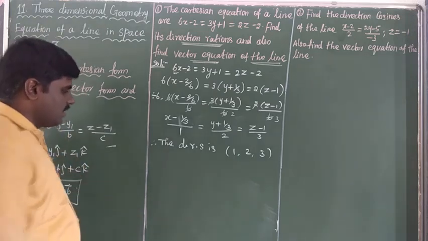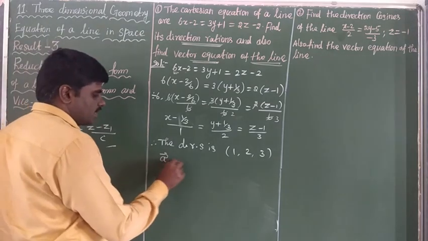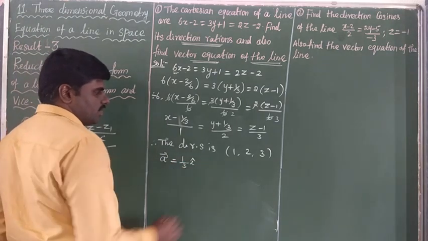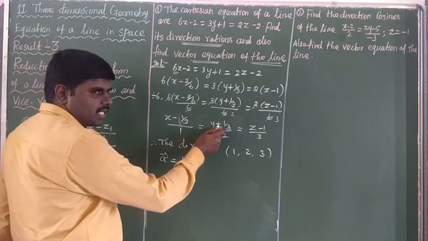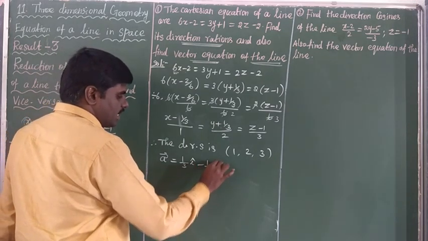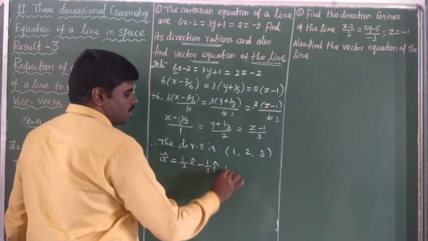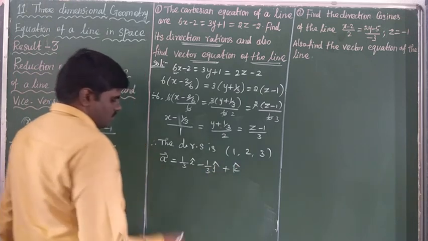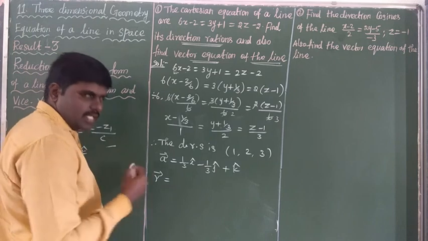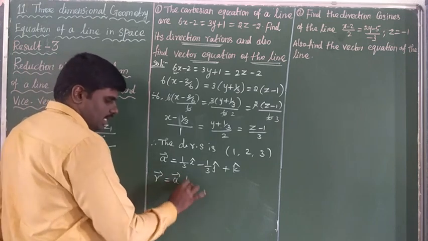So what's the a vector? Let's convert it. The value is 1 by 3 i cap; what's the sign here, plus 1 by 3 or minus 1 by 3? Here I take minus 1 by 3 j cap, plus k cap. Now the format of the vector equation: r vector equals a vector plus lambda b vector.